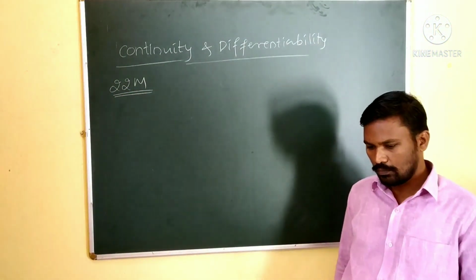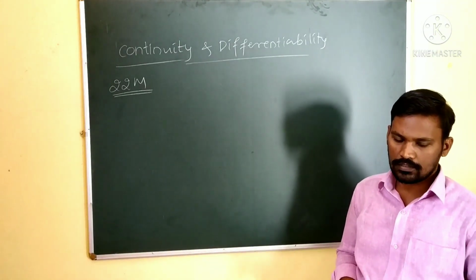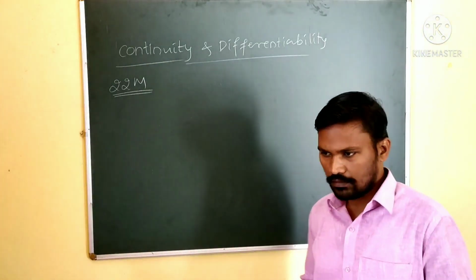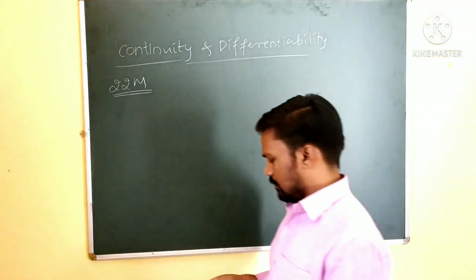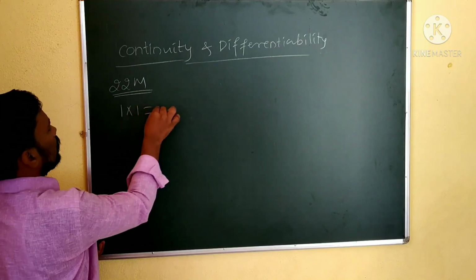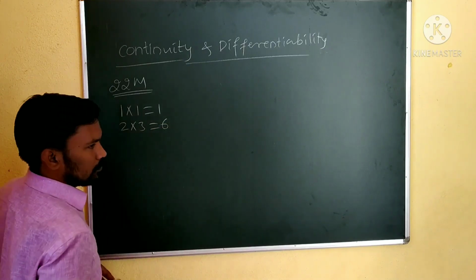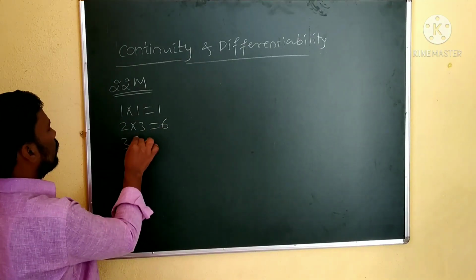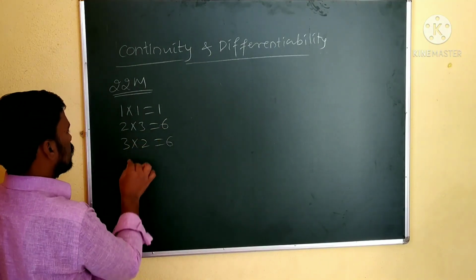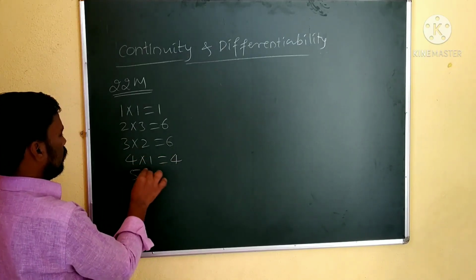1 mark question 1, 2 mark questions 3, 3 mark questions 2, 4 mark question 1, and 5 mark question 1. So 1 into 1 is 1. 2 mark questions 3, that is 6 marks. 3 mark questions 2, that is 6. 4 mark question 1, and 5 mark question 1.